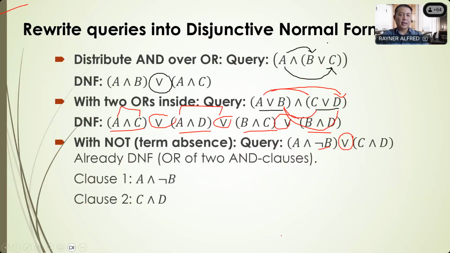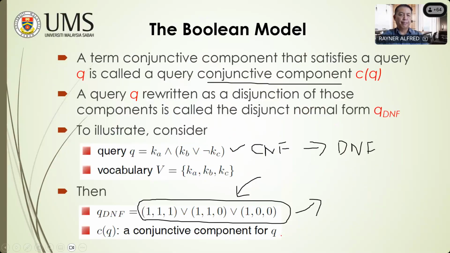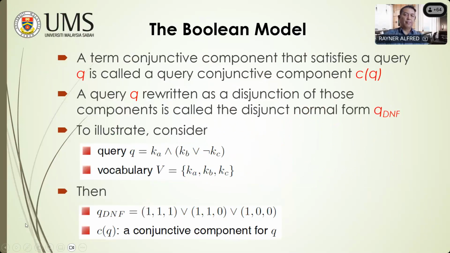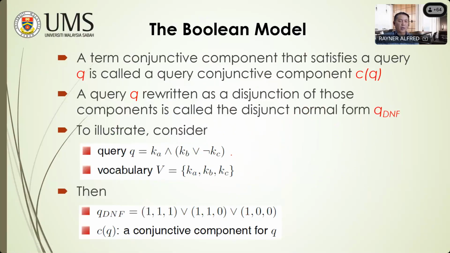I go back here so that you can answer. Okay, what is the main reason why we need to convert into this? This is your conjunctive normal form. We convert into here. Why?